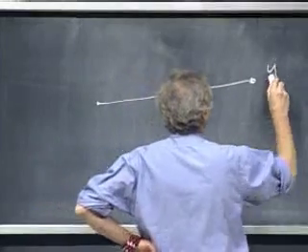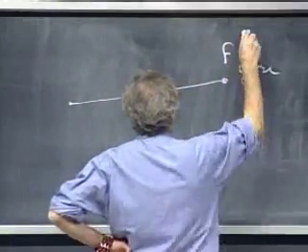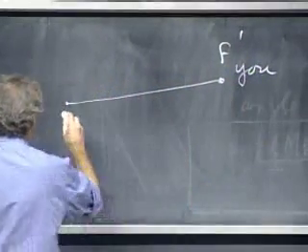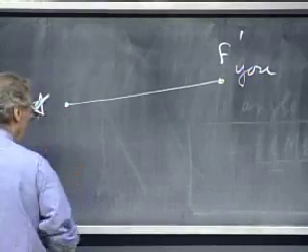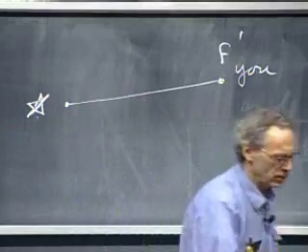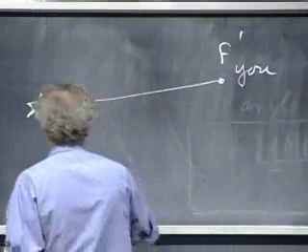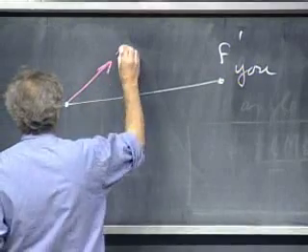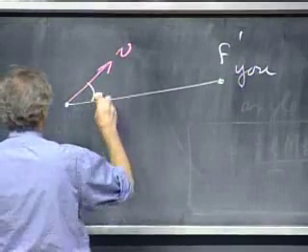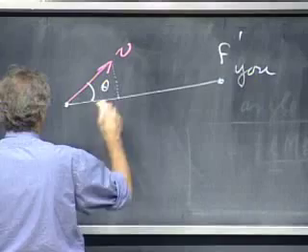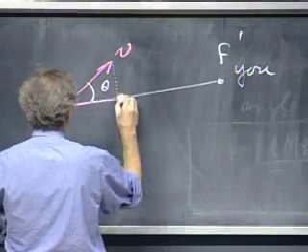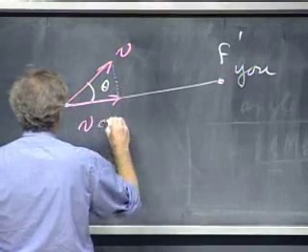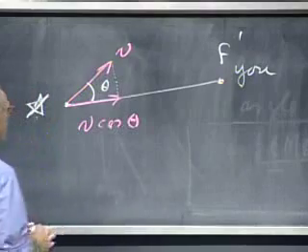You are here. You are receiving a frequency f prime, and here is that star, and that star is moving with a certain velocity. Let's say this velocity v, and this angle is theta. So this component of the velocity in our direction is v cosine theta. We call that the radial component.